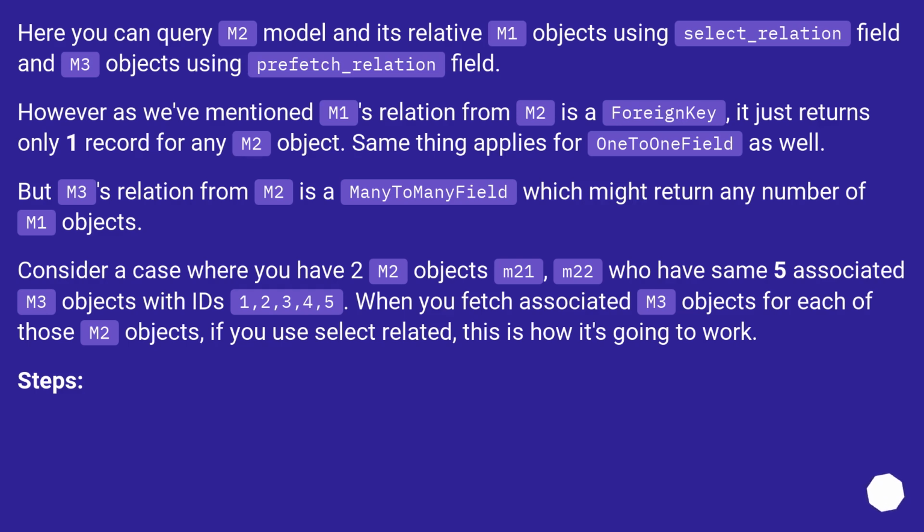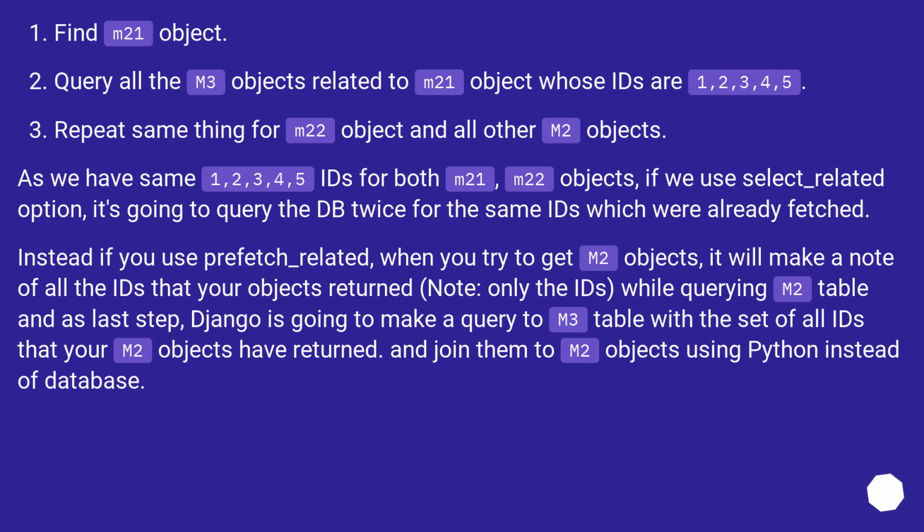Consider a case where you have two M2 objects, M21 and M22, which have the same 5 associated M3 objects with IDs 1, 2, 3, 4, 5. When you fetch associated M3 objects for each of those M2 objects, if you use select_related, this is how it's going to work. Steps: find the M21 object.